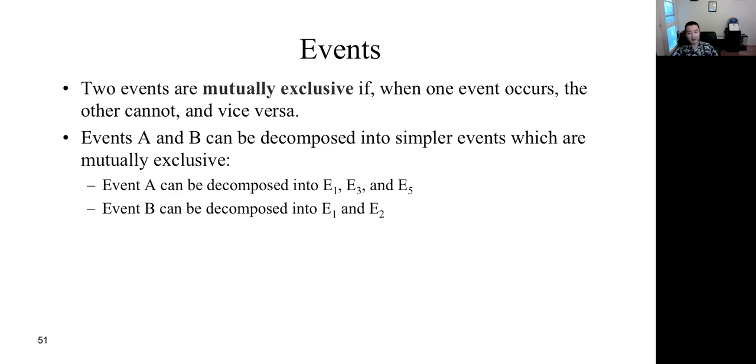Event A, which is we observe an odd number, can be further decomposed into simpler events. Event A can be decomposed into the upper face showing a 1, 3, or 5. Event B, which is we observe a number less than 3, can be decomposed into E1 and E2.